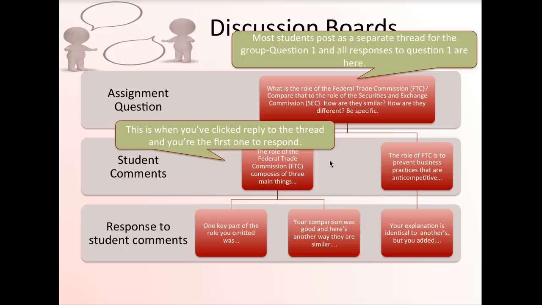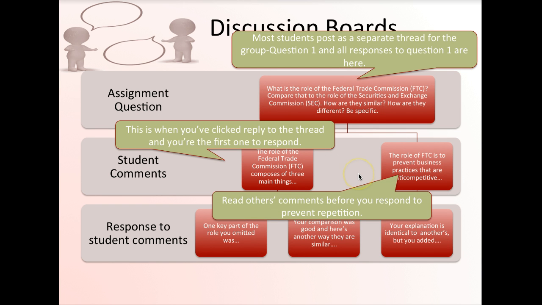And then the last is responses to student comments. And this is the part that is important, that makes it really an academic discussion. So the response here, the last 3 columns, the last row with 3 comments, I've given examples of what would be useful responses to student comments.